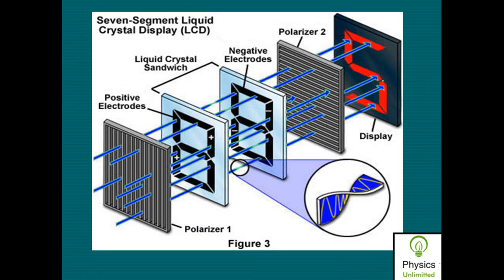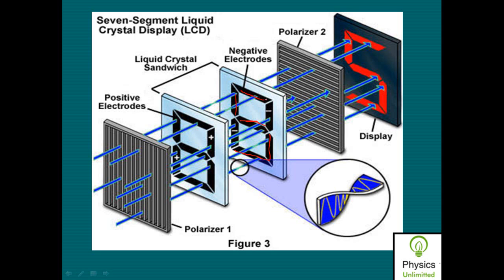So this is the construction which is shown over here in this slide again, that each segment consists of an optically active substance. So when you apply the voltage to segments such as this one, in order to give the digit 5 on the screen, you need to apply voltage to this segment, then this segment, then this segment and this segment.